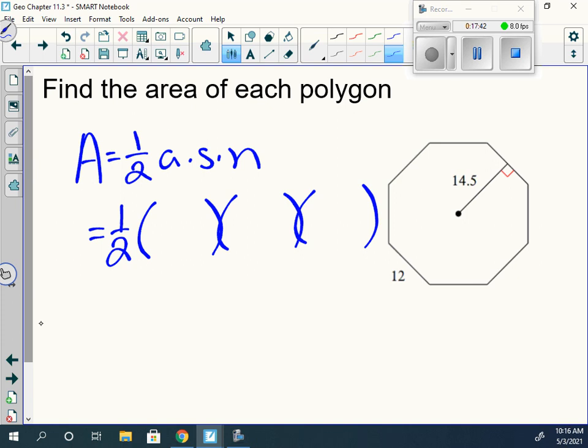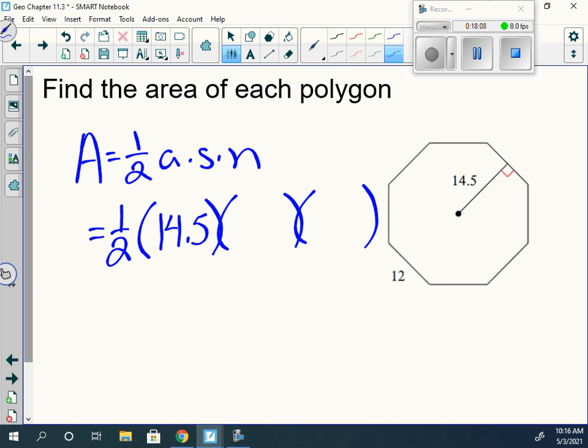So again, we're looking at a polygon. Polygon area is equal to 1/2 the side length times the apothem times the number of sides. So what would our apothem be for this here? 14.5.